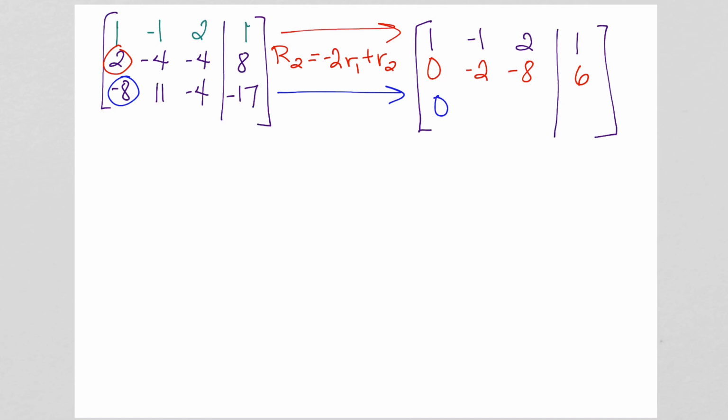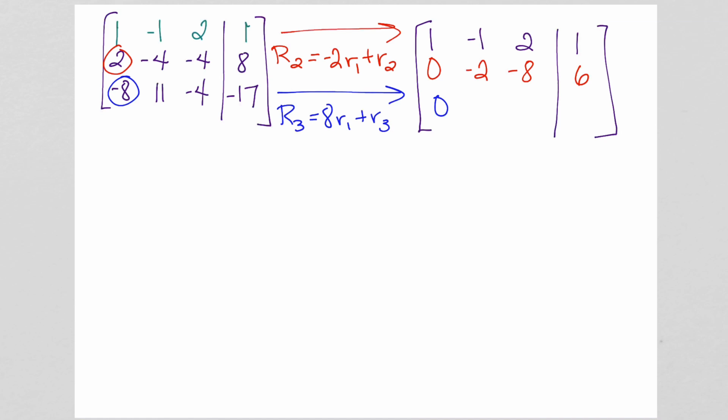Then we need to get our 0 on the bottom row. How do we make a negative 8 0? Add 8. So for row 3, we'll do 8 times row 1 plus row 3. Let's start with the first one. 8 times 1 is 8, and 8 plus negative 8 is 0.